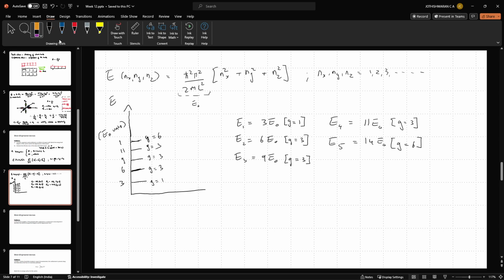So we will have 12 E naught, which will have a degeneracy of 1, and then we will have 14 E naught, which will have G equal to 6.